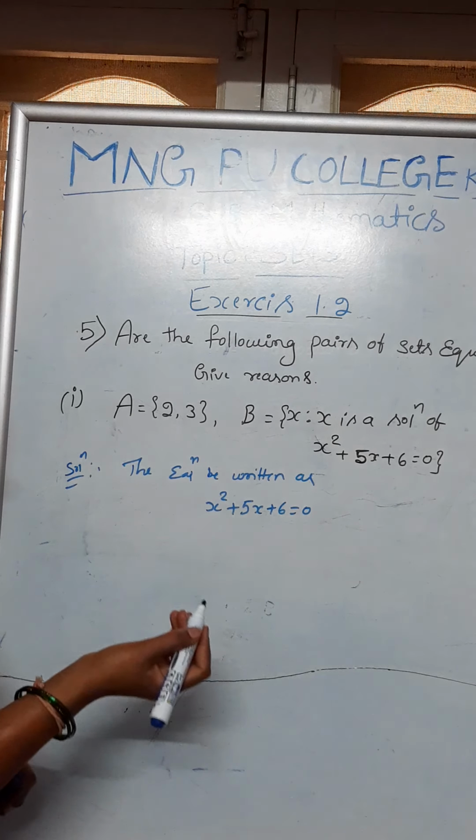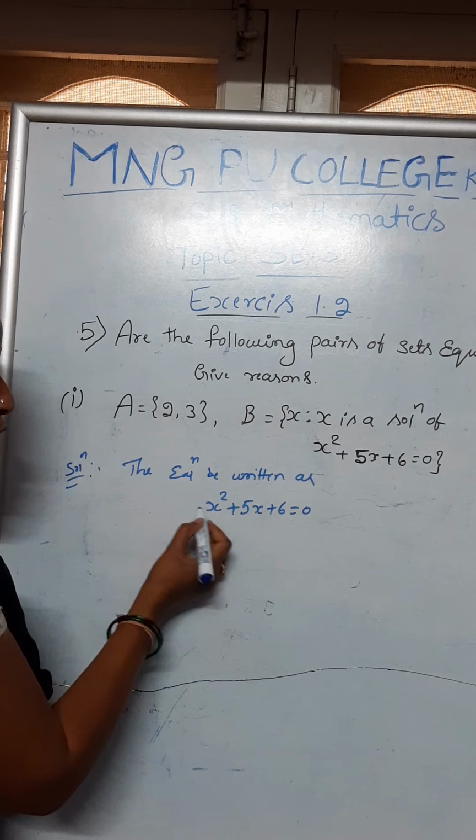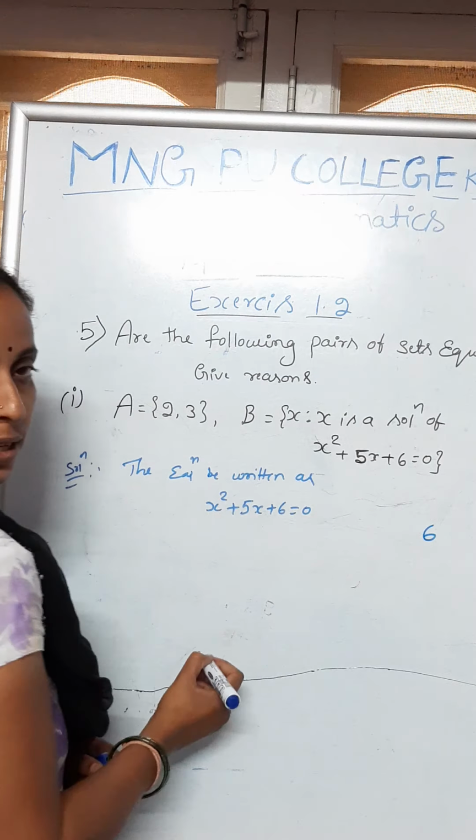We know the factorization method. There is nothing written before x square, meaning it is 1. So 1 into 6 is 6.